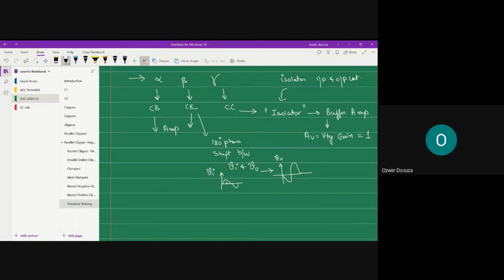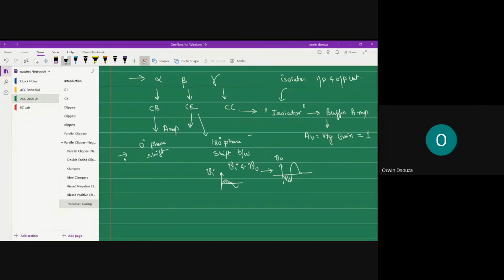That means the duration of the positive half cycle is 180 degrees. So for the 180 degree duration of the positive half cycle, you are getting a 180 degree duration of the negative half cycle. That's the reason the phase shift is called 180 degrees. On the other hand, CB gives 0 degree phase shift.